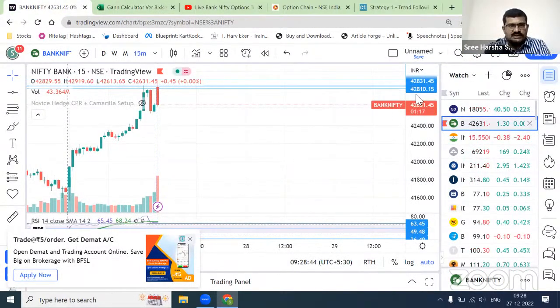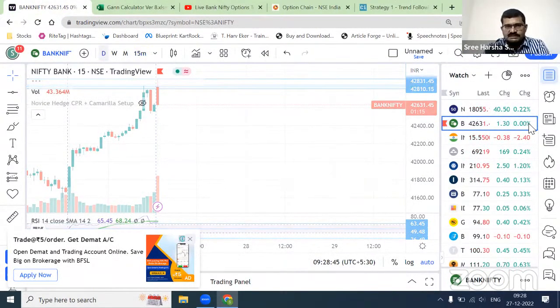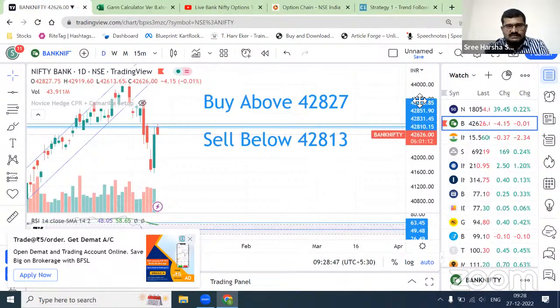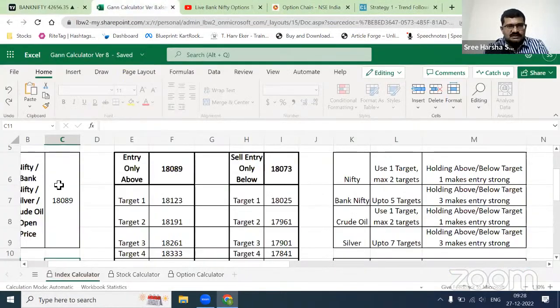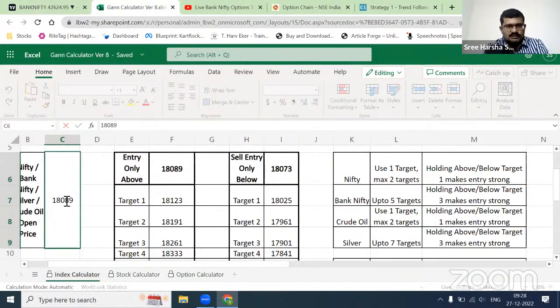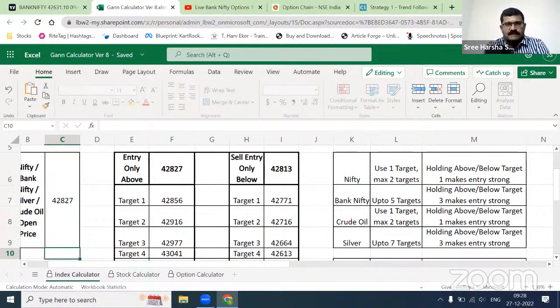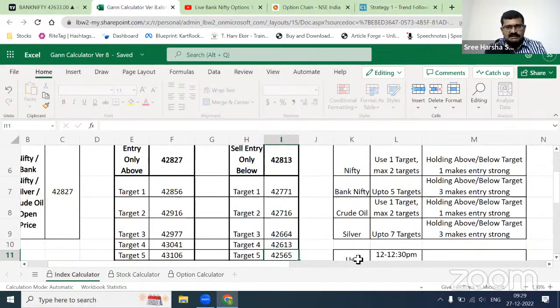what is the open price? 42,827. Okay. So 42,771 is done. 42,716 is done. Okay, almost everything is done here. So maybe see somewhere around 42,500.